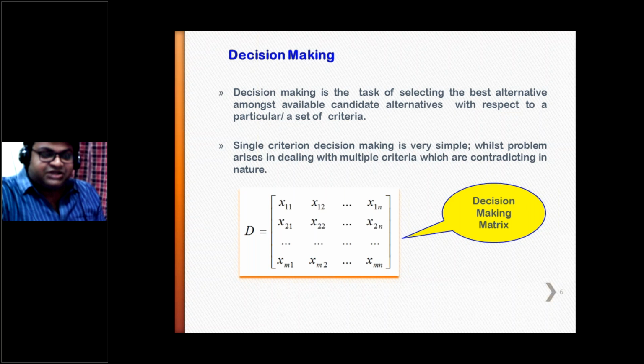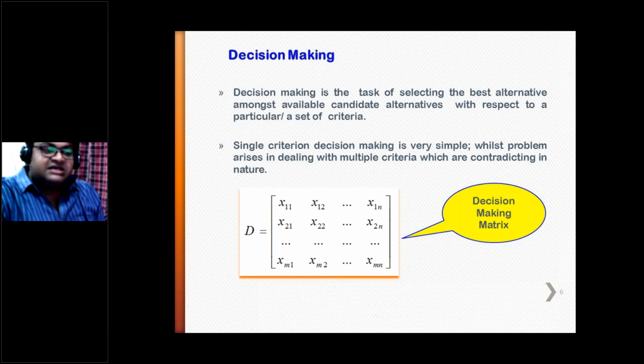Now, single criterion decision making is very simple, whilst the problem arises in dealing with multiple criteria which are contradicting in nature. Here comes one concept: criteria conflict or attribute conflict. Single criterion decision making is very simple.